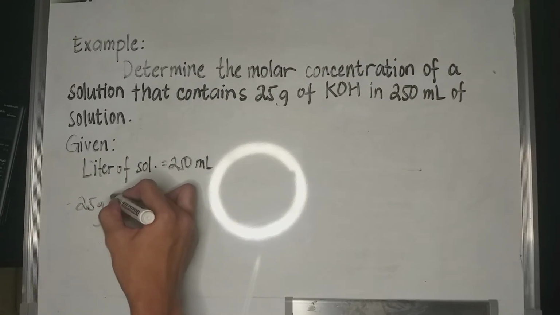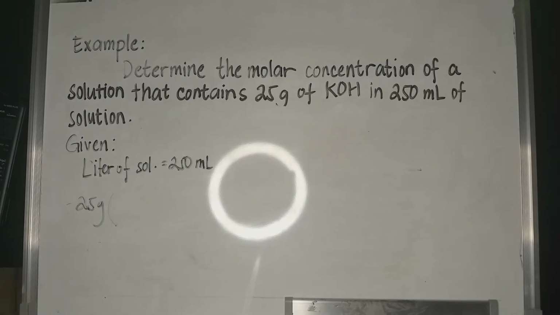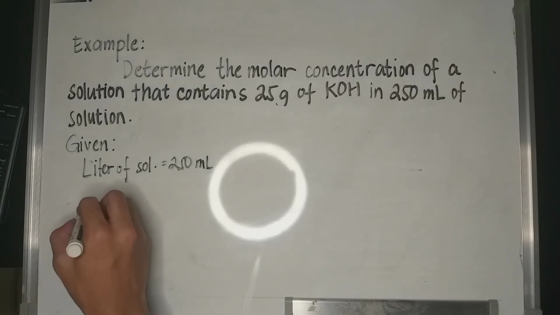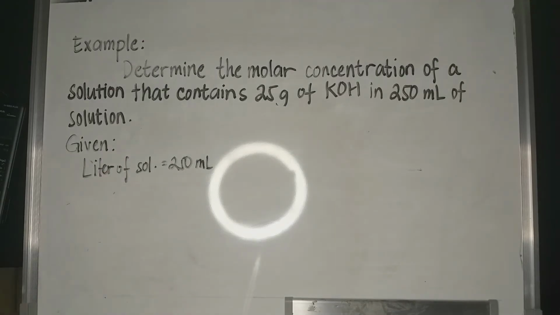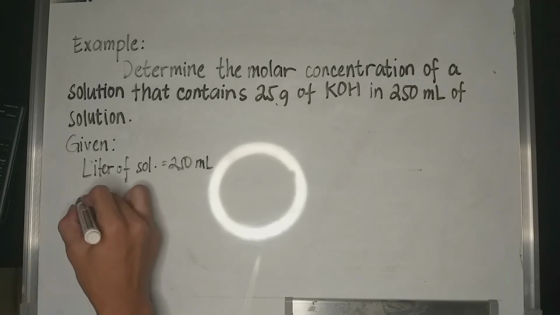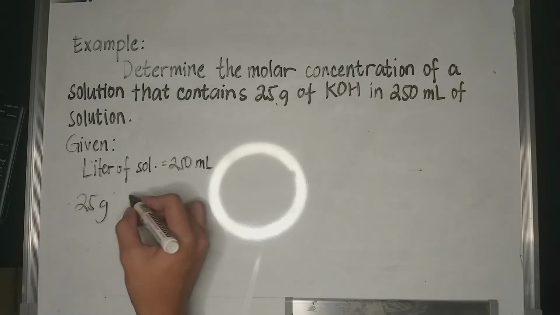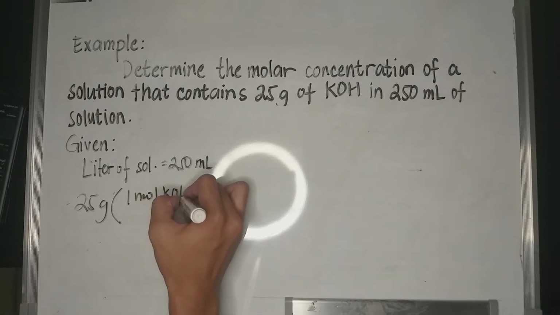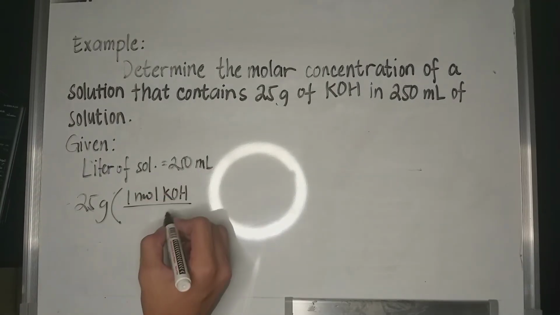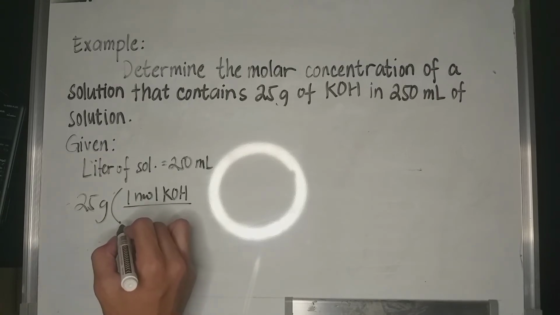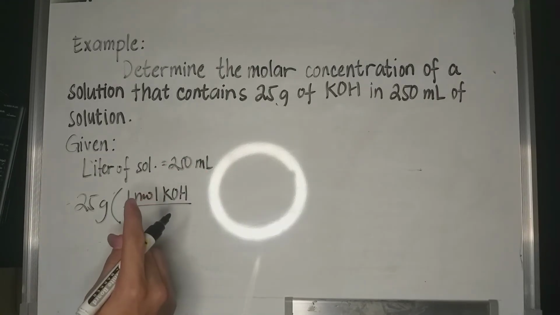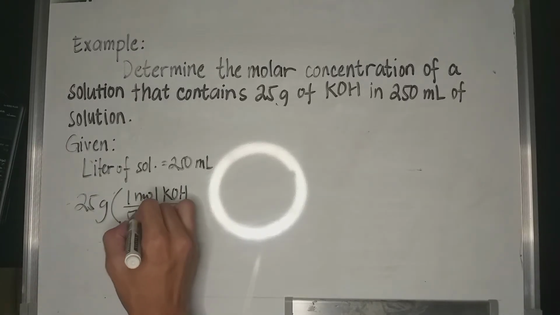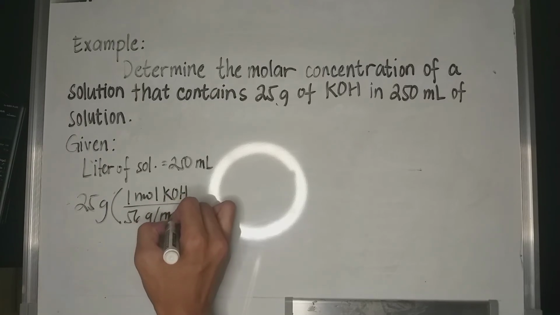multiply by 25 grams multiplied by 1 mole of KOH or the potassium hydroxide all over the molar mass of that substance. So the molar mass of potassium hydroxide is 56 grams per mole.